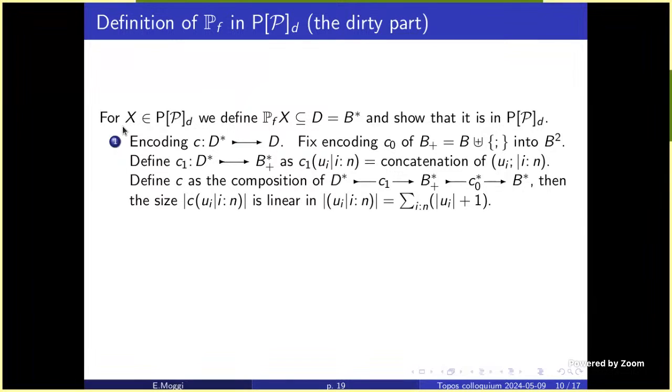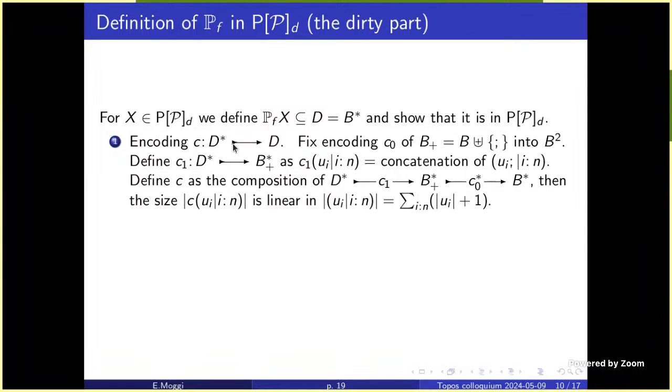So for every X, a decidable subobject of D, I have to define what this other decidable subobject is.